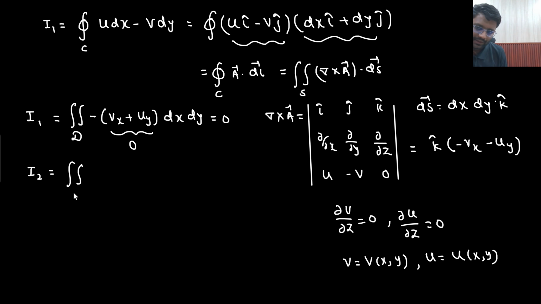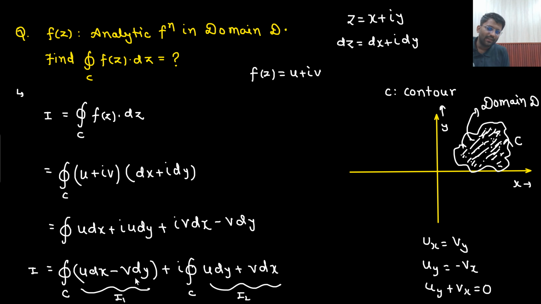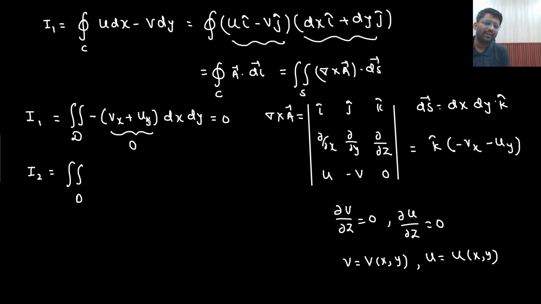For I2, again I will do the same thing. A dot dl, again everything will be the same. In I1, whatever was with dy was partially differentiated with respect to x, minus whatever was with dx, which was partially differentiated with respect to y. You can see minus Vx minus uy.